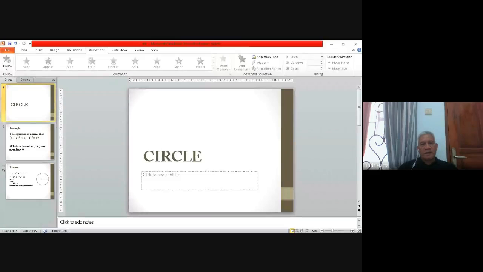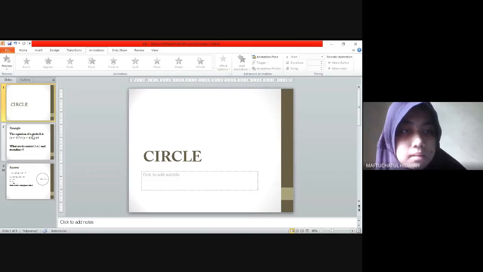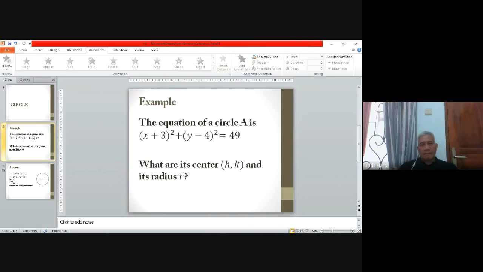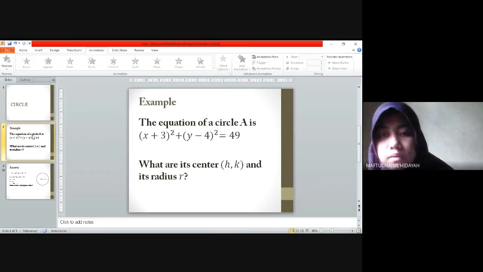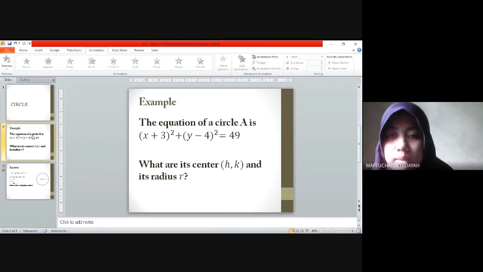Yeah, go. About circle. In central, the equation of a circle A is (x plus 3) squared plus (y minus 4) squared is equal to 49. The question: what are its center (h, k) and its radius r?